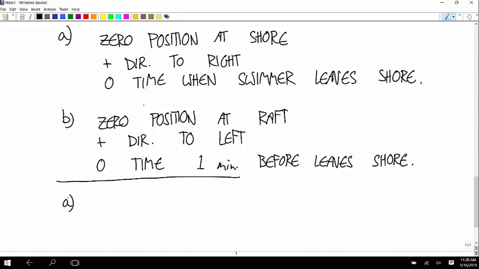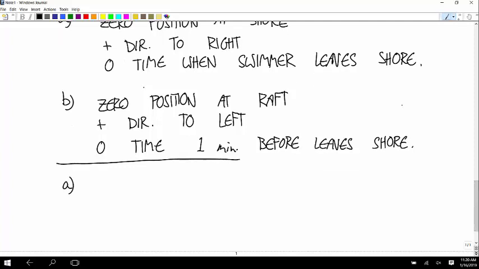Before I go into the specific cases, I'm going to draw a simple representation of what's going on. This will be useful in both of these two parts.